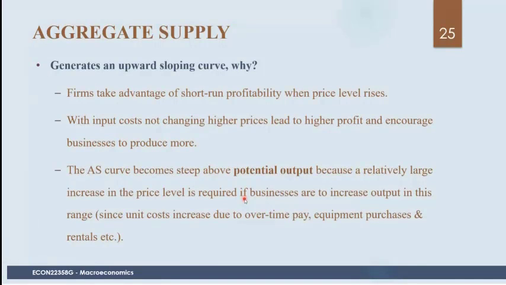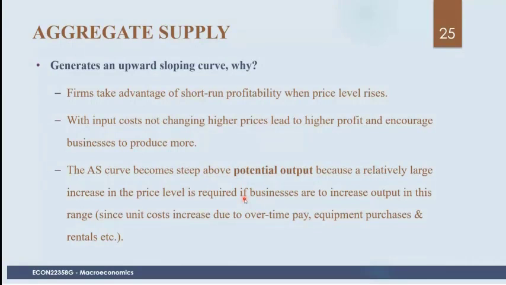And again, as I mentioned before, it becomes steep above potential output. The best way to think about it is if you had an increase in demand, maybe an increase in government spending or tax cuts, and the economy is already producing at its potential, then you're just going to cause prices to increase. Firms could respond to the increase in demand by running their factory 24 hours or having workers work long hours, but it's not sustainable for a very long time.